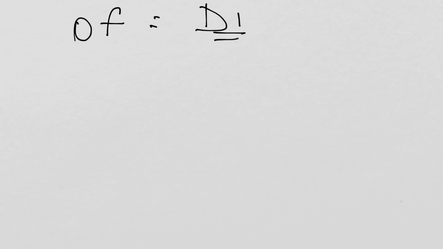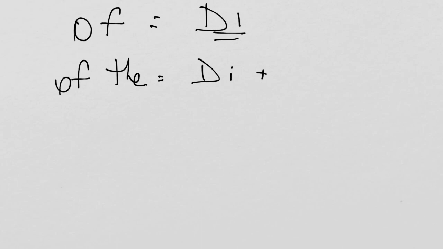articolata or compound form. So let's look now at di followed by the various forms of the definite article in Italian. Of the in English there is only one way, it's of the. In Italian we have different forms of the article.